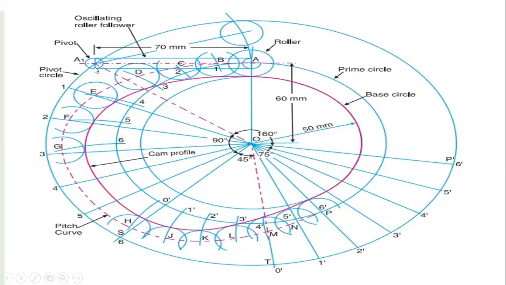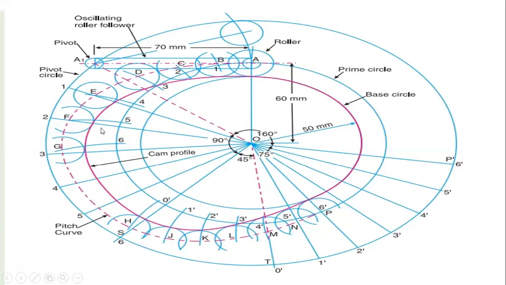So by taking from this point, that is A to O, we have started the point and divide the section into 6 equal parts. From this dotted line, you have to divide the section into 6 equal parts, in which 90 degrees is divided into 6, that is 15 degrees for each section.